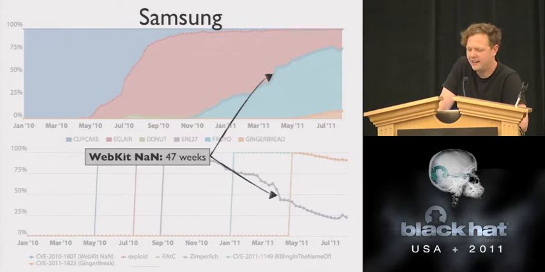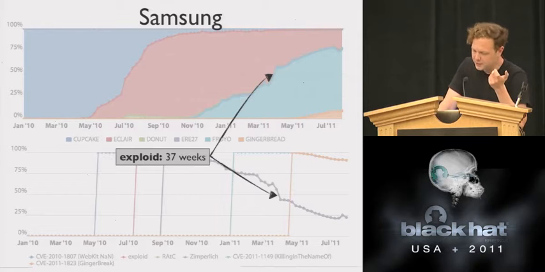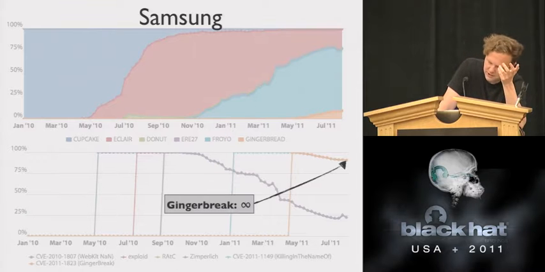Having said that, we can see here that it basically took 47 weeks to get to the 50% mark on 2.2. Just to be consistent here, we're going to track this as the half-life of the WebKit bug. For the exploit, it took 37 weeks, and for the last one, we're basically looking at 30 weeks.